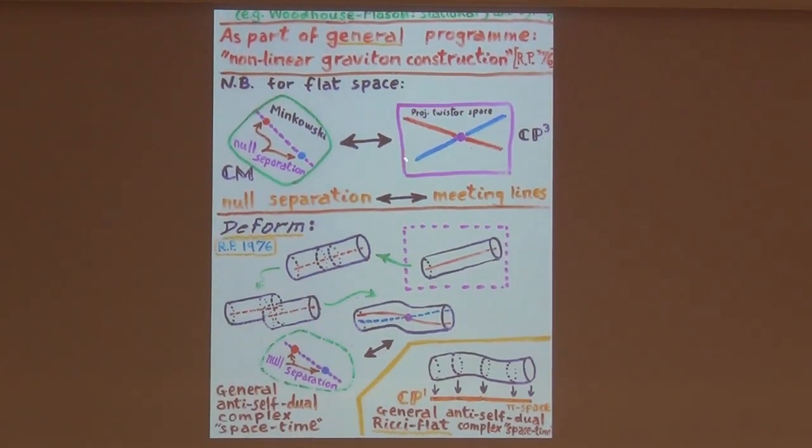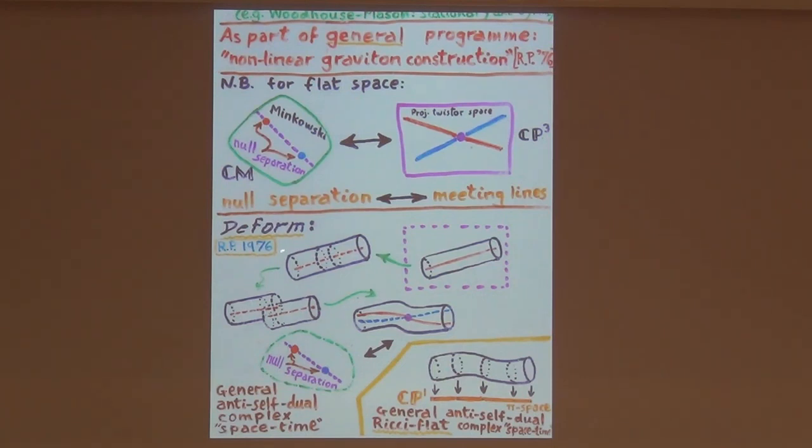It's a Riemann sphere. And these represent the points in the Minkowski space. Well, it's a complexified Minkowski space. So the points here are these Riemann spheres, which are represented by lines. And the condition for these points to be null separated, lying on the same null line, is that these lines meet. So you see this correspondence, which works for a Minkowski space.